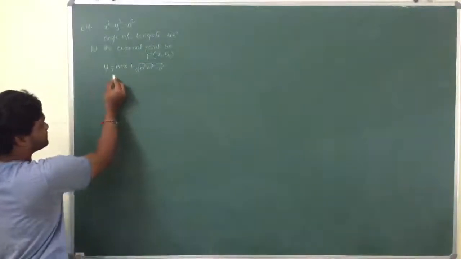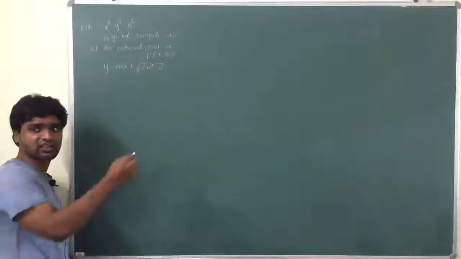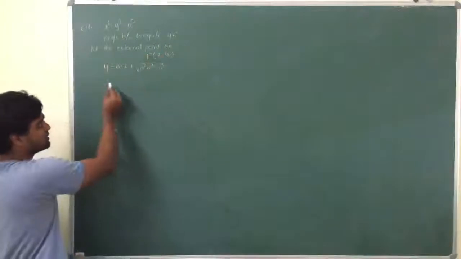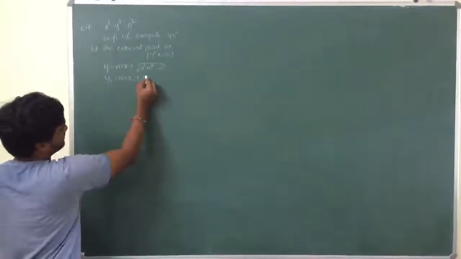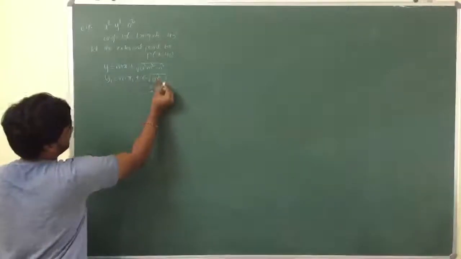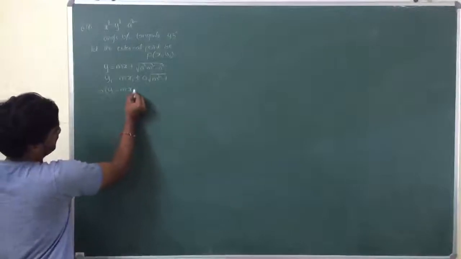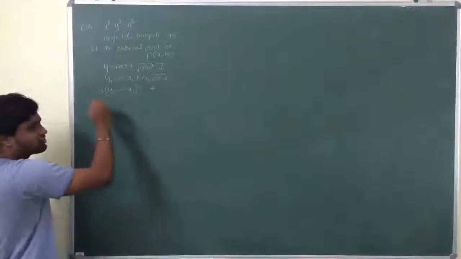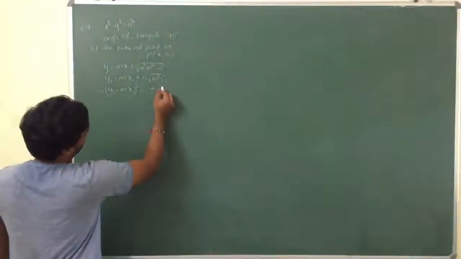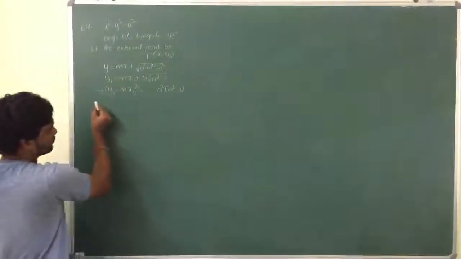Now this tangent is passing through x1 comma y1, because from the external point x1 comma y1 we have drawn tangents. So y1 is equal to mx1 plus or minus a into under root m square minus 1. Now (y1 minus mx1) whole square is equal to a square into (m square minus 1).